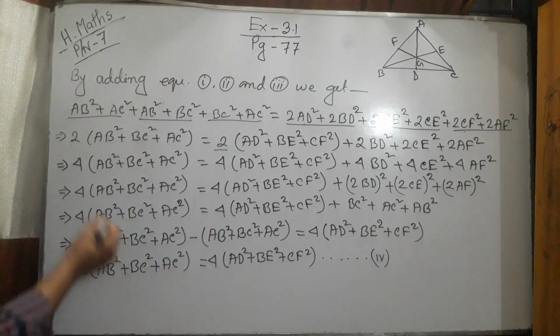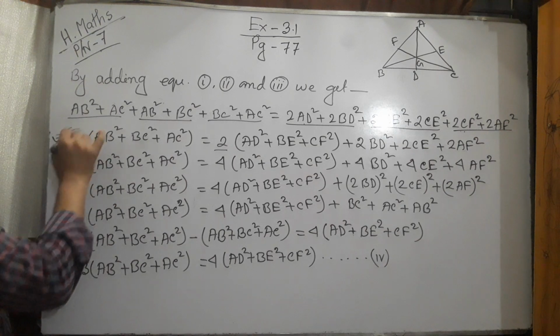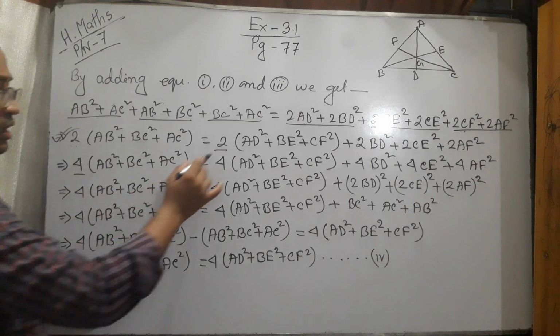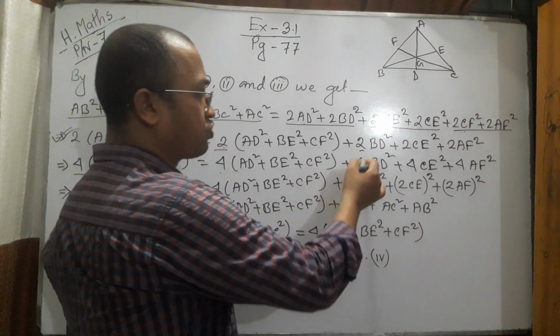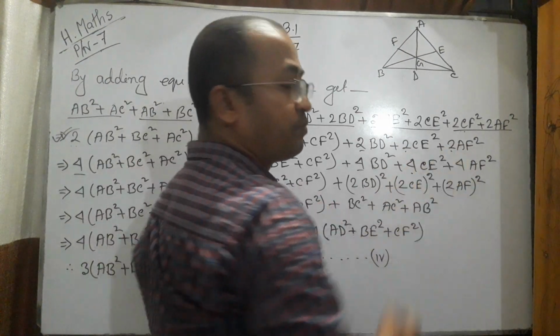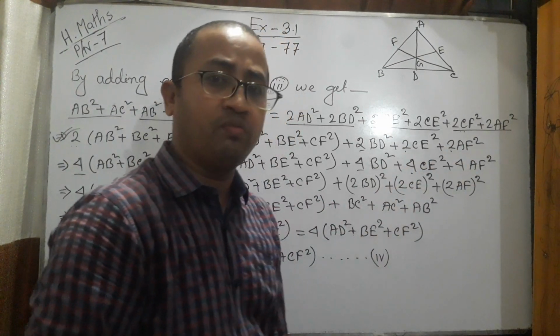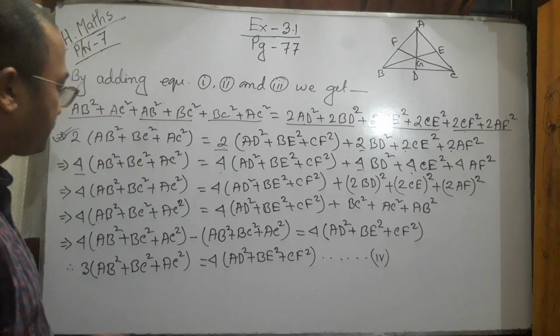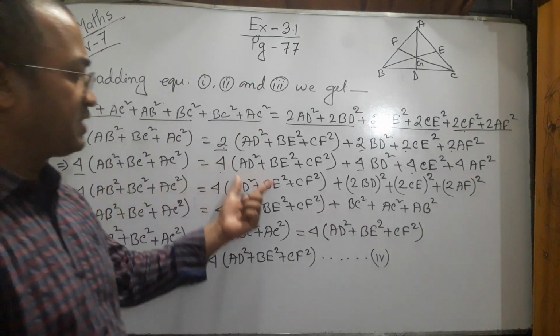Now look, we will multiply this equation by 2. We will multiply both sides of this equation by 2. So it becomes 4. It also becomes 4. This 2 also becomes 4. All the 2's become 4. Why do we multiply by 2 on both sides of this equation? Now look at the board. This portion is the same.